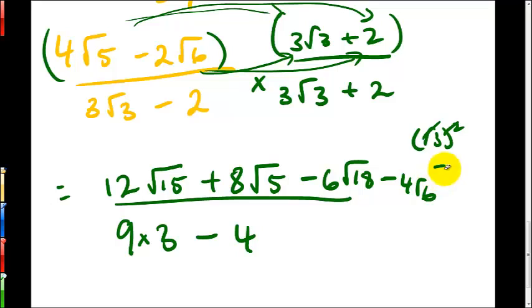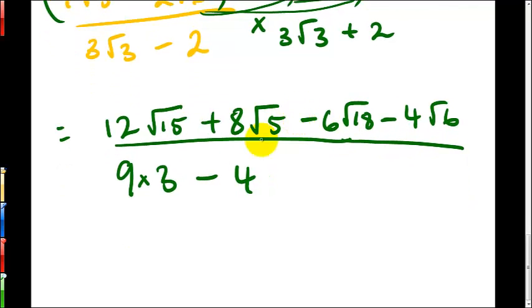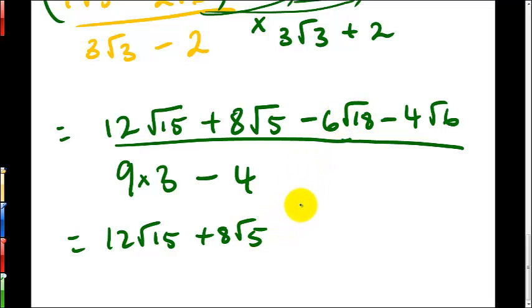Let me write that in again. Negative 4 root 6. And then we just simplify before we finish off. 12 root 15 plus 8 root 5. This can get simplified, but because I can see nothing else is going to get simplified, we'll just leave that for the time being.